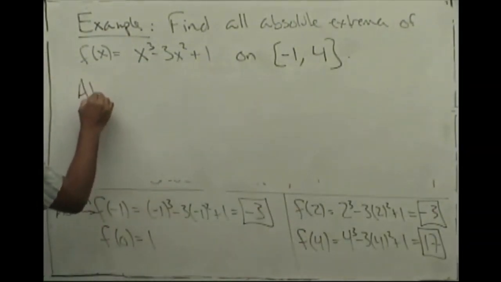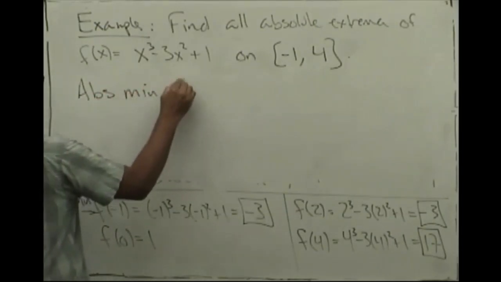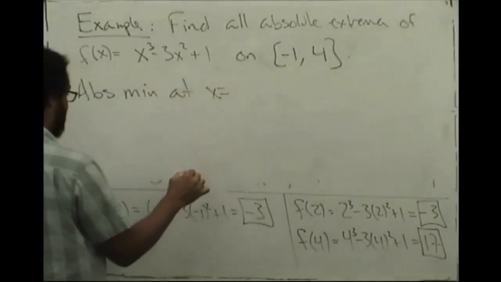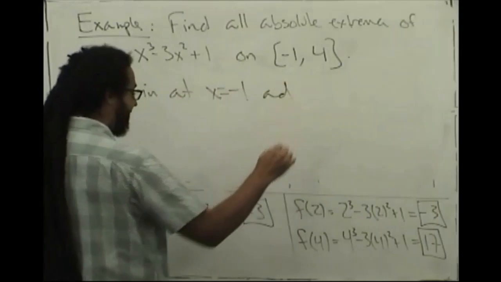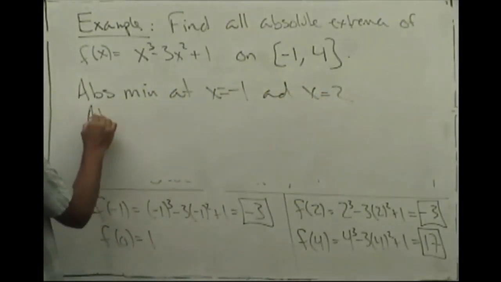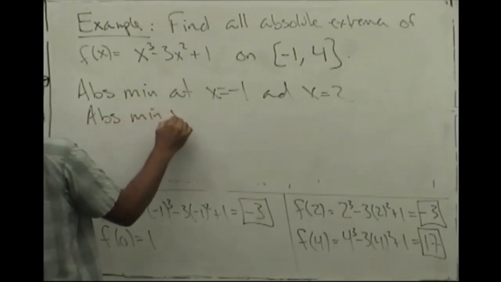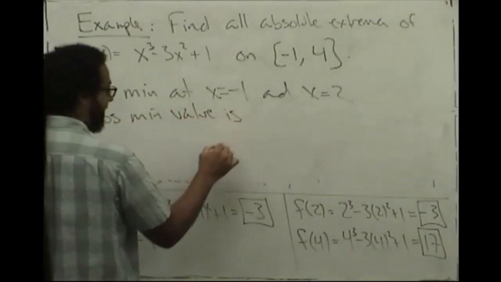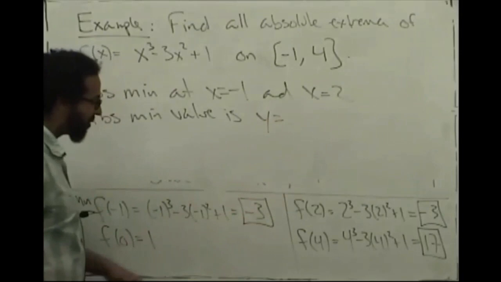If you want to write down a final answer, there's an absolute min at x equals -1 and x equals 2, and the absolute minimum value is y equals -3.